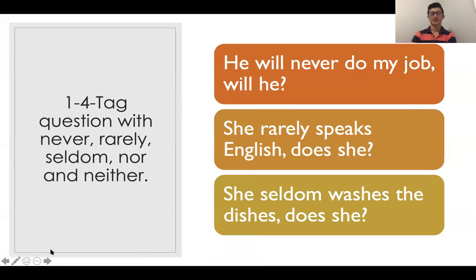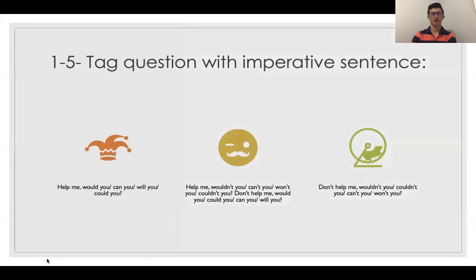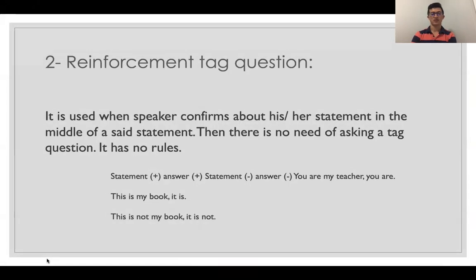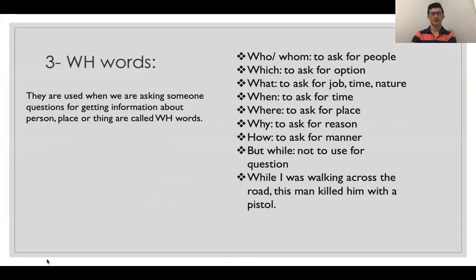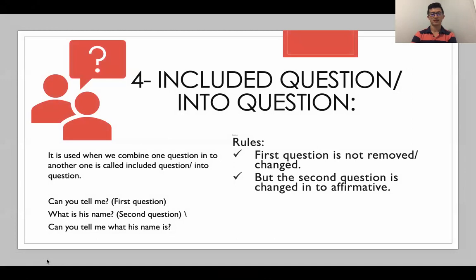Today we are going to study the new ones: included questions. You studied three other questions: tag question, reinforcement tag question, and double-edged questions. But today we are going to study included questions, or the other name of that is into question.